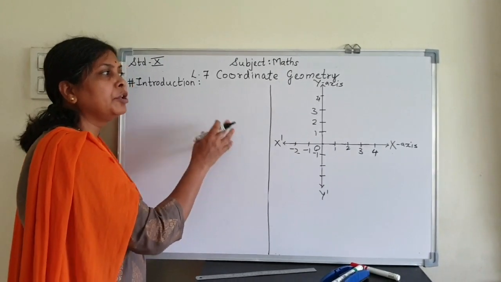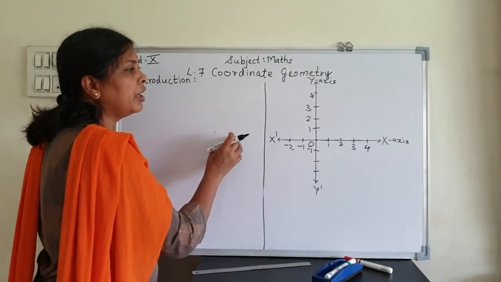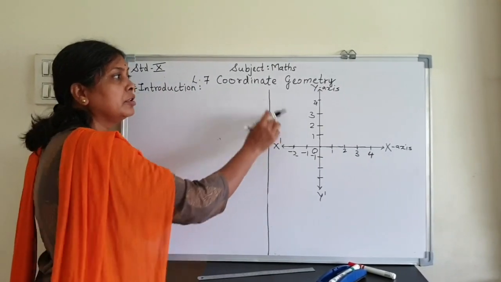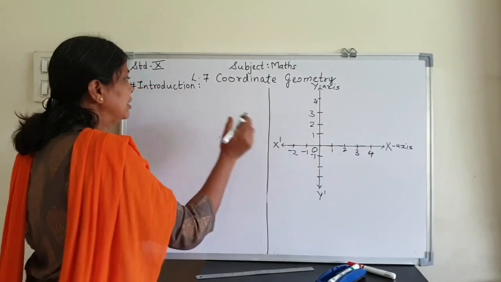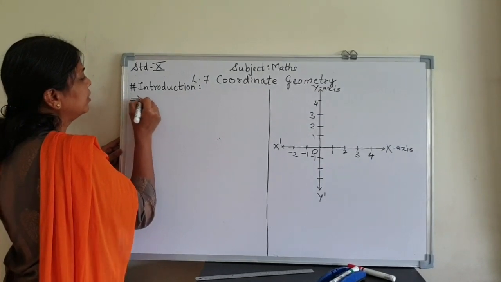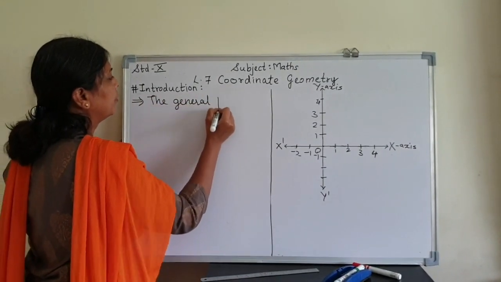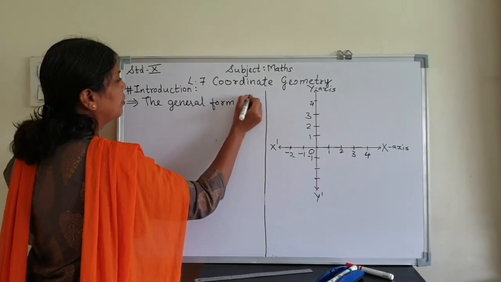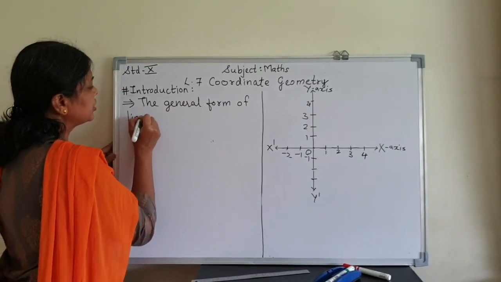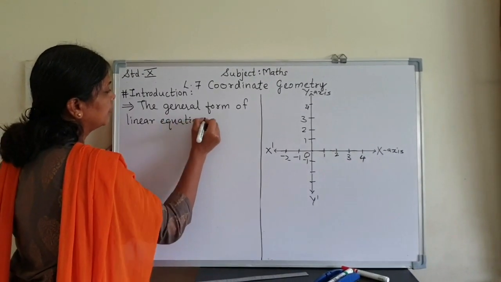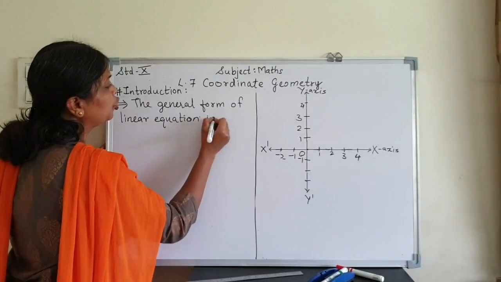In 9th standard, you have learned how to draw a graph of a linear equation in 2 variables on the coordinate plane. First of all, we will see the general form of a linear equation in two variables.